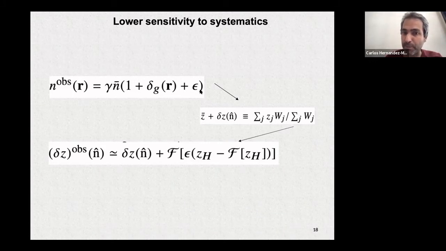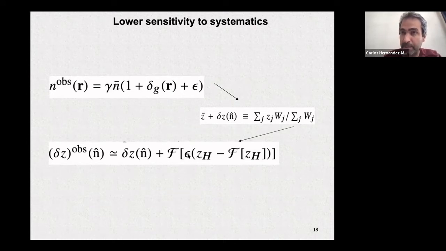This means that you are insensitive to most of the systematics. If you actually work out the algebra, you find out that in the observed angular redshift fluctuation field, you are totally insensitive to the multiplicative bias, and then this additive bias, if it's constant under the Gaussian shell, under the redshift shell, which are typically pretty narrow, we pick them to be of a width of 0.01 or 0.2.